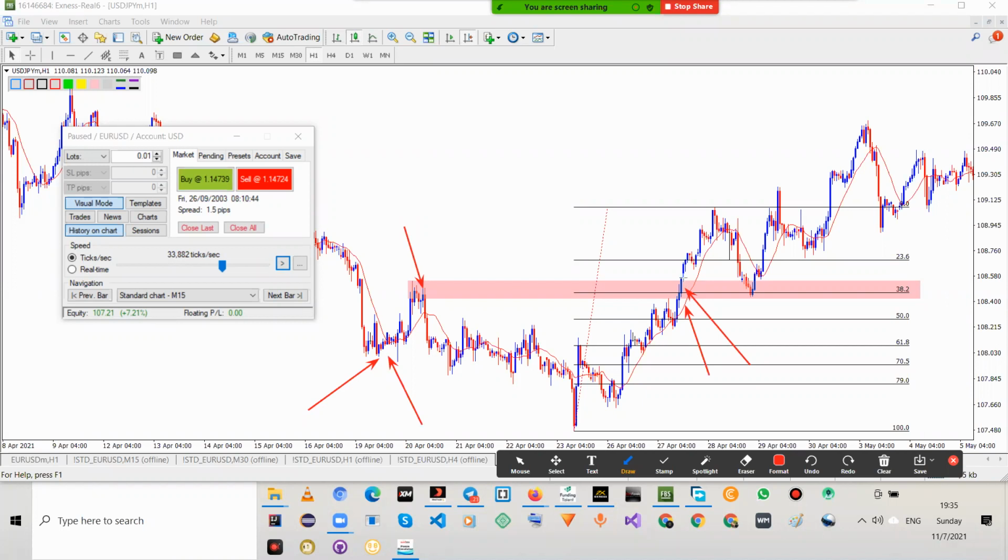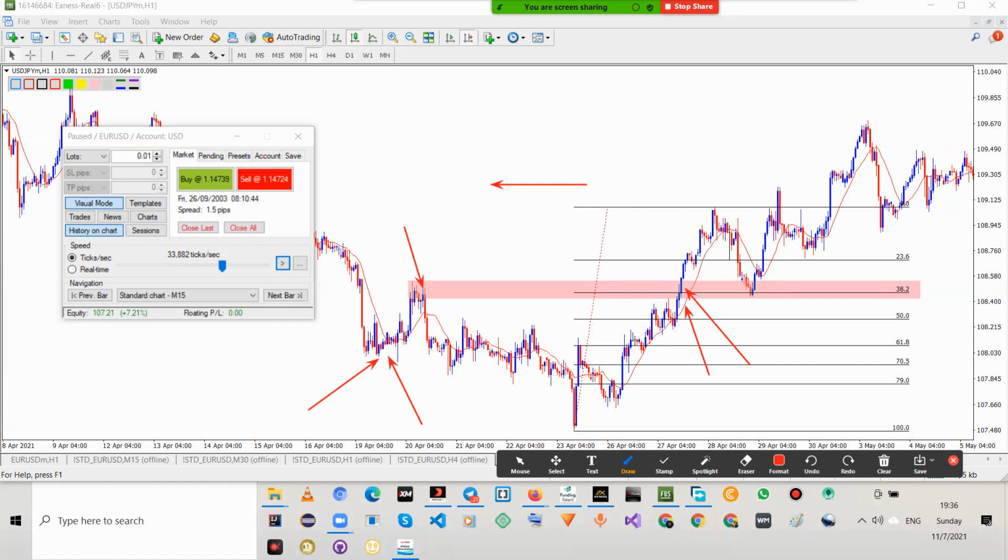Once it is broken like this, it is our breaker, and we're anticipating our trade right here at the breaker in the bullish way. I have my fibs there looking for my OTE, my optimal trade entry. I can see the price rejects perfectly on the 38.2 level, so my trade entry would be from this point.